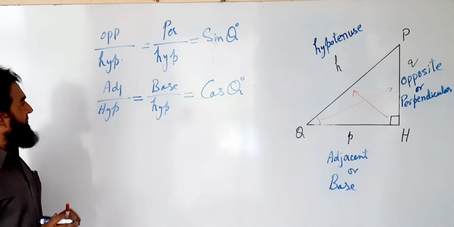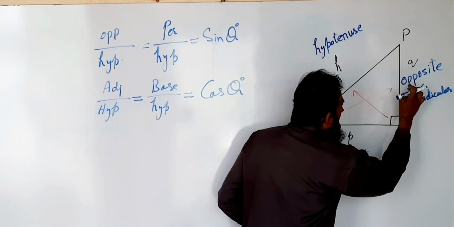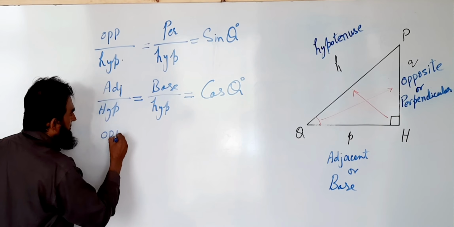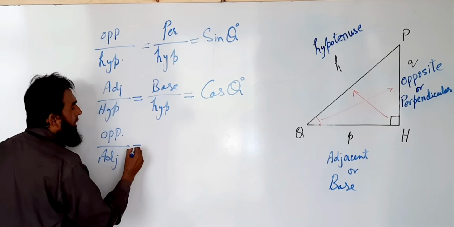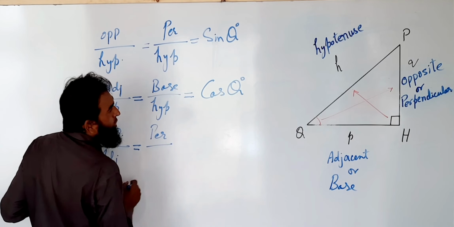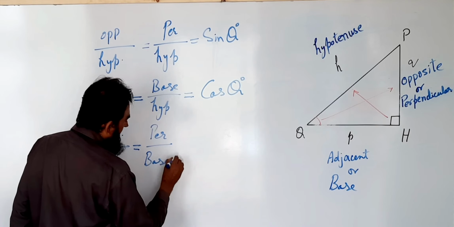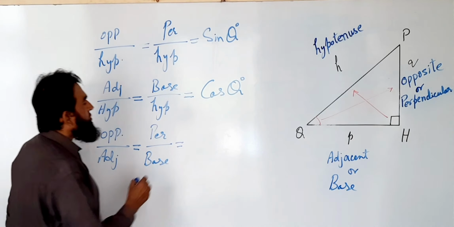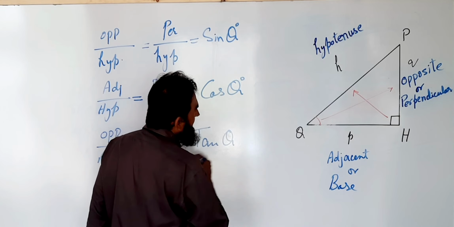Now the third ratio: if I take the ratio of opposite over adjacent, or perpendicular over base, this is called tan of Q, tangent.